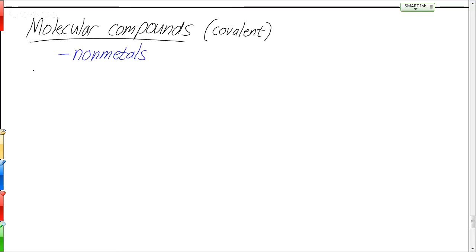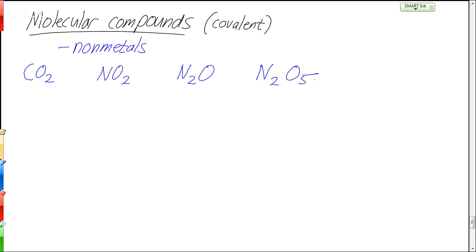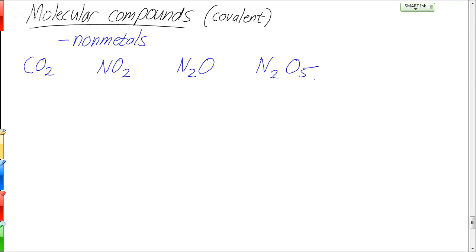There are only a couple of quick rules for naming these. Note that they're all made of nonmetals. There are no metals there. All the atoms in these compounds are to the right of that line. That doesn't mean metals can't form molecules, but not in what we'll see. So we can use that generalization.